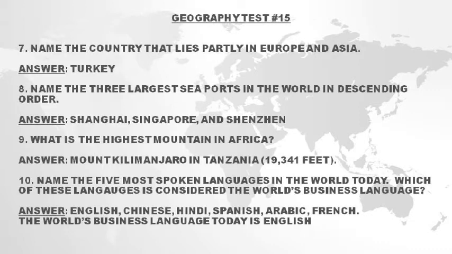Question 8. Name the 3 largest seaports in the world in descending order. The answer is Shanghai, Singapore, and Shenzhen. Now, I've been in each of these 3 ports in my travel. Probably the most fascinating one is Shenzhen. This is a Chinese seaport. It wasn't started by the Republic of China until around the 1995 timeframe.